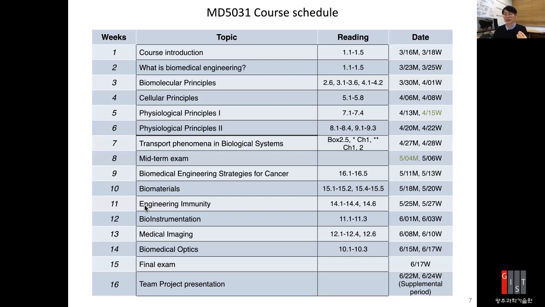so that now we engineer this immunity to treat diseases. And a more important engineering aspect is bioinstrumentation. Any biological system can be measured and studied by using instruments, so we need to understand what bioinstrumentation is and the principles of measurement.